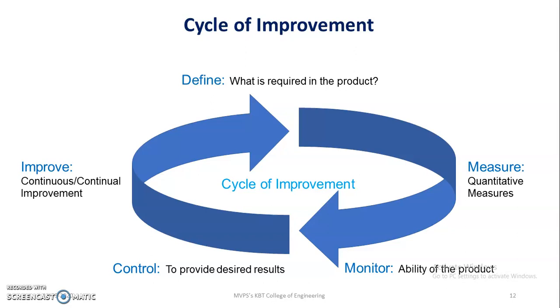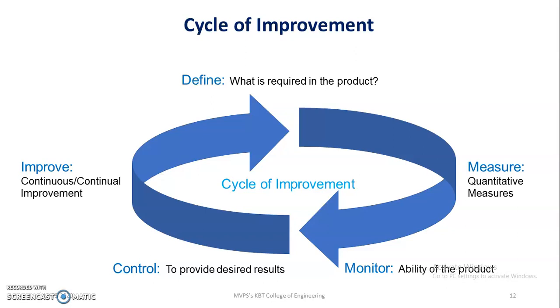There must be some definition of what is required in the product in terms of attributes or characteristics of a product, and in how much quantity it is required to derive customer satisfaction. Features, functionalities and attributes of the product must be measured in quantitative terms and must be part of the requirement specification.